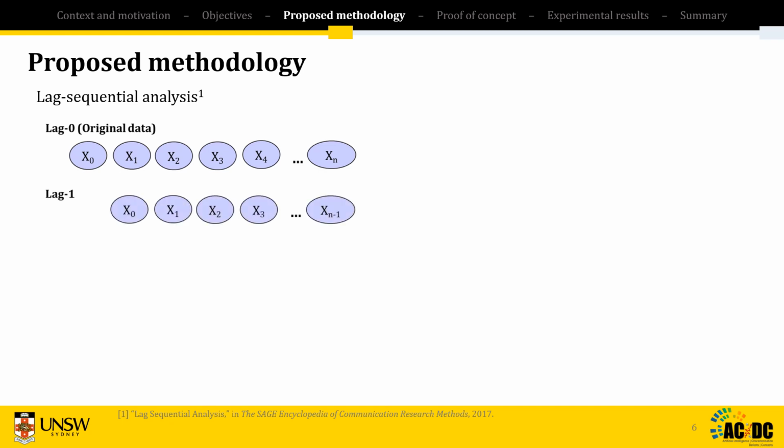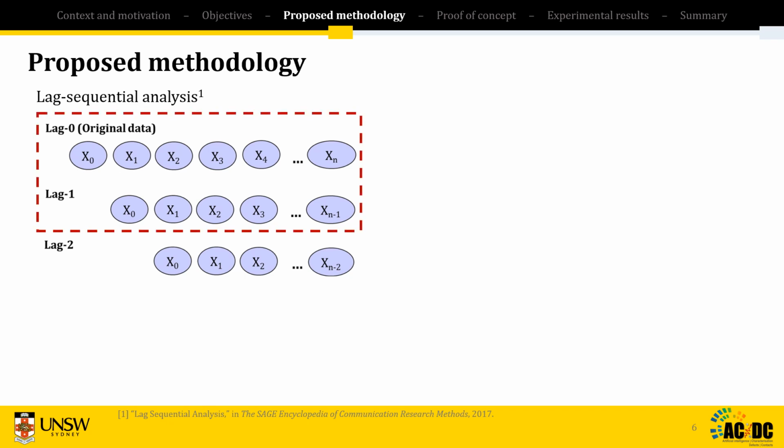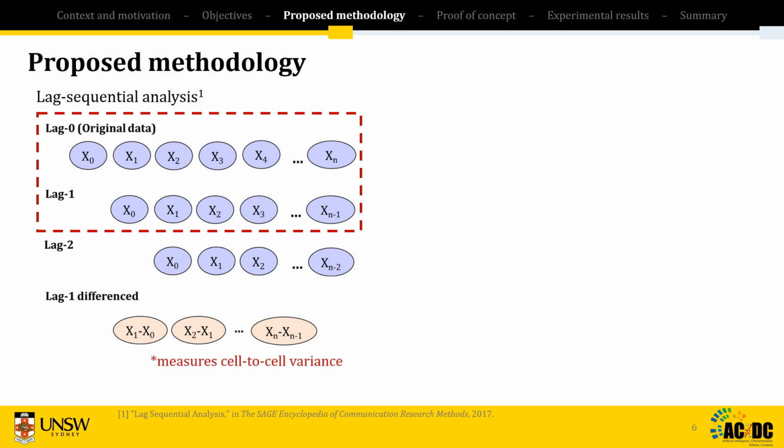So for lag 1, you shift the original by 1 timestamp, lag 2, 2 timestamps, and so on. You can now compare the lag with its original. If you want to compare the lag 1 with its original data, you can subtract the 2 and you'll have a lag 1 difference data. The lag difference data is essentially a measure of the cell-to-cell variance.